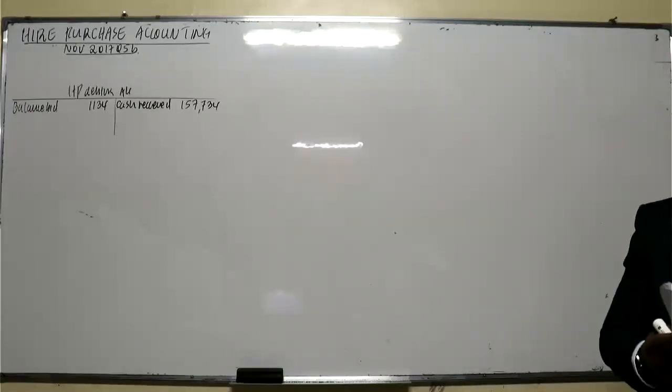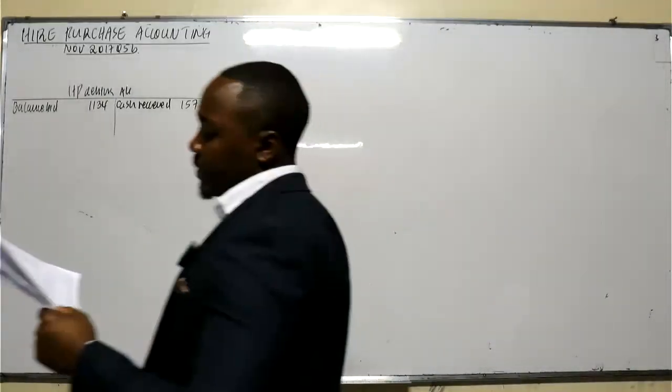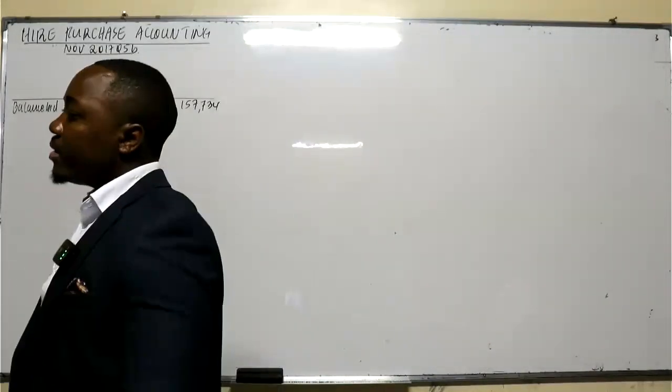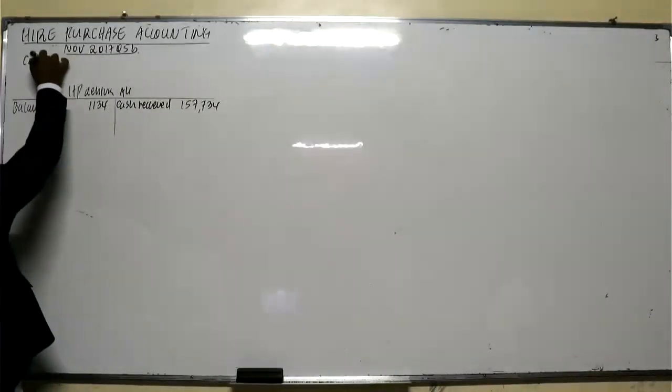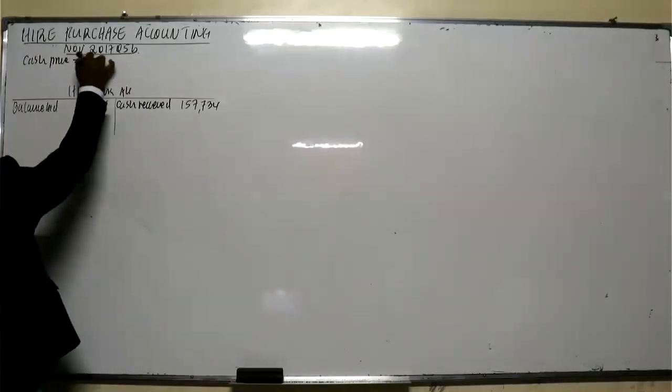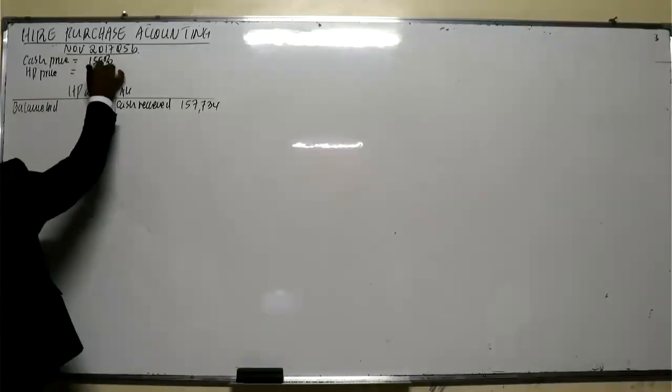Number 2, the cash selling price is fixed at 50% and the hire purchase price at 80% respectively against the cost of goods sold. So the cash price is 150% and hire purchase price is 180%.